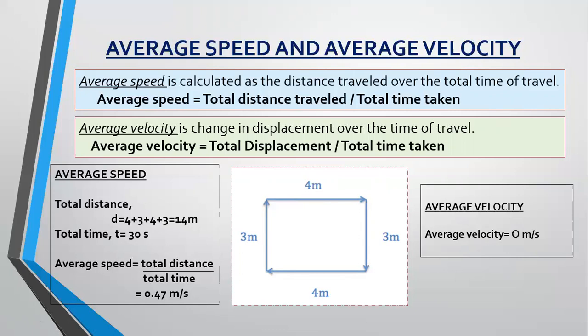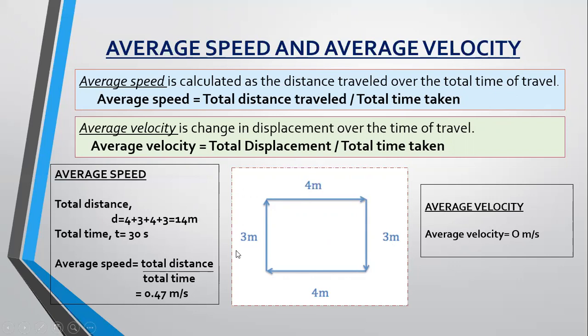So you will find the total distance first: 4, 3, 4, 3, add them up. You know the total time. We just supposed that it took 30 seconds to travel along this rectangular path.